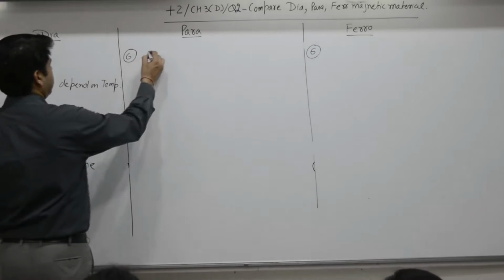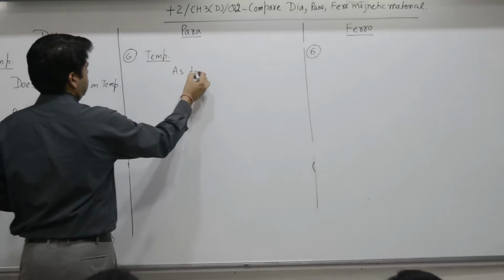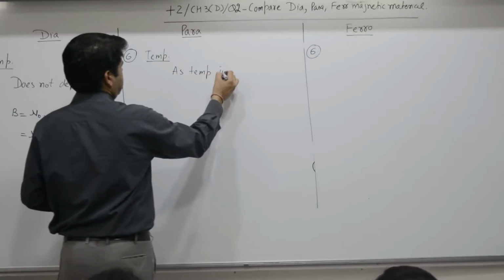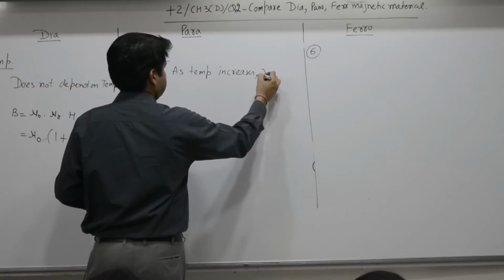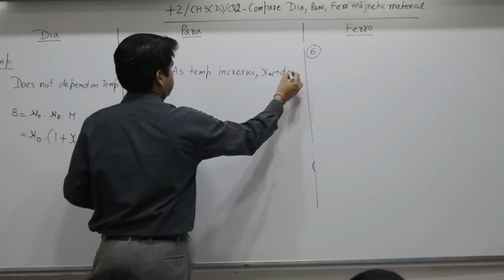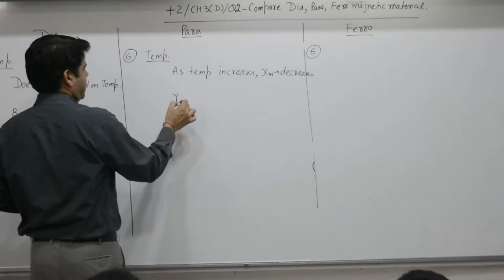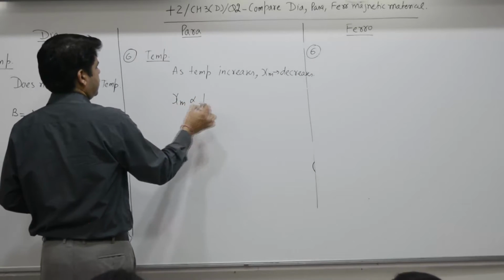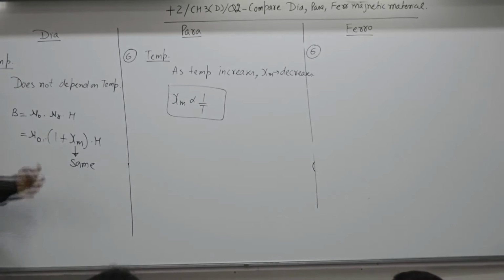For para, as temperature increases, susceptibility decreases. Susceptibility is inversely proportional to temperature. If you heat a material, why? We will discuss the reasons also.